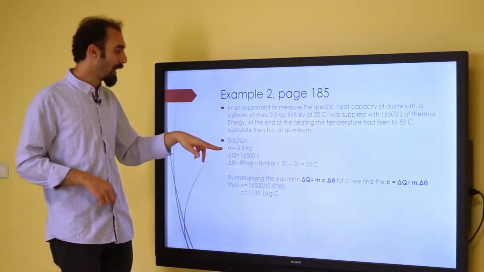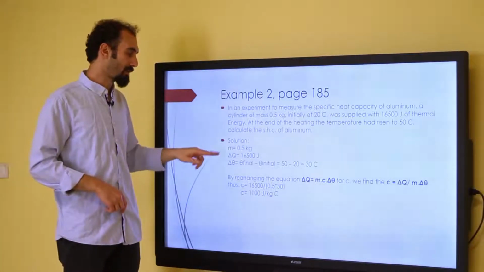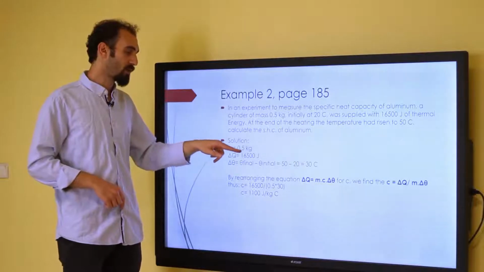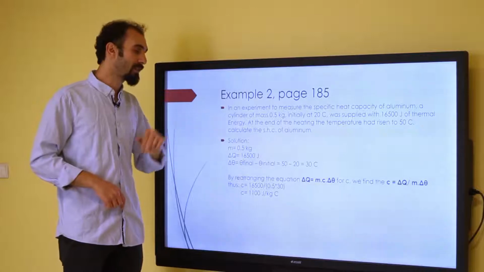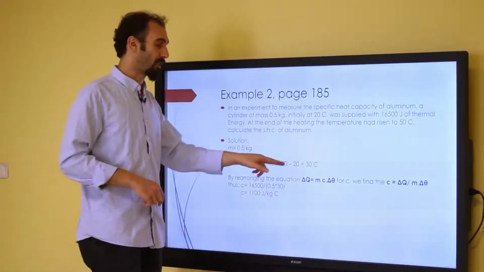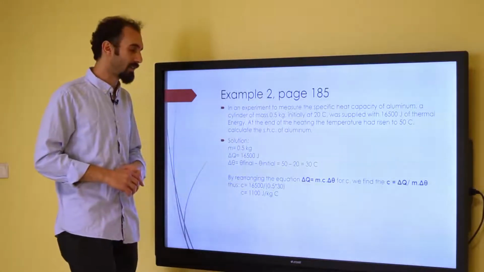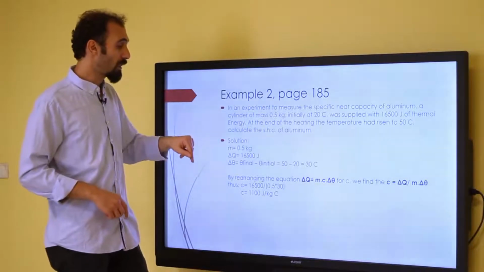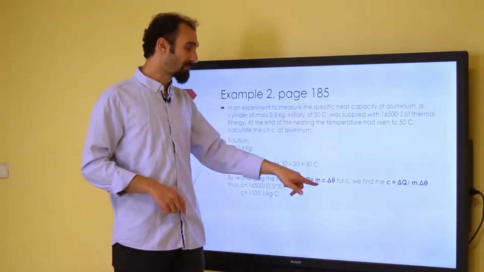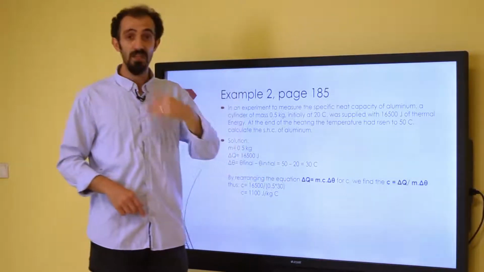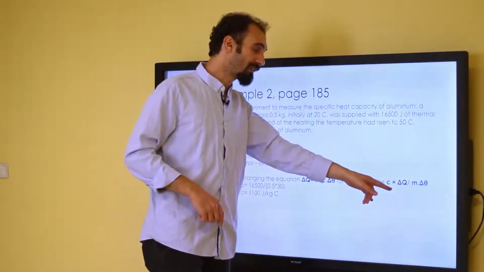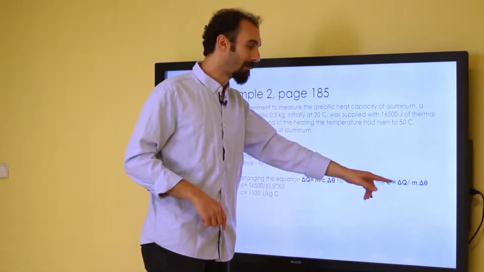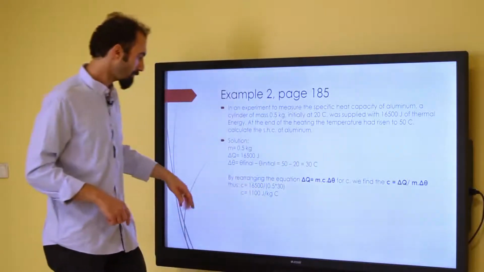The solution: if M was 0.5 kilograms, delta Q was 16,500 joules, delta theta is the final temperature minus the initial temperature, equals 50 minus 20, equals 30 Celsius. By rearranging the equation, delta Q equals M times C times delta theta, solving for C, we get C equals delta Q divided by M times delta theta.